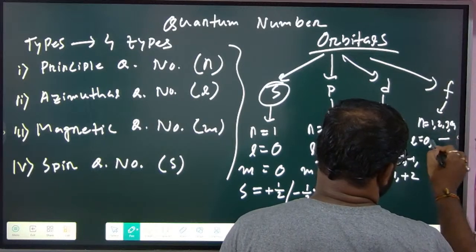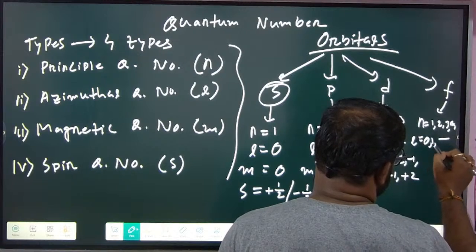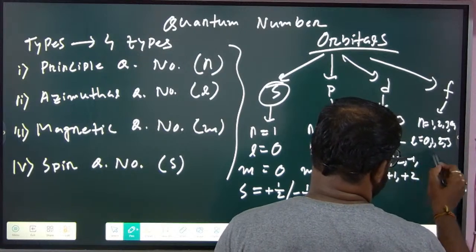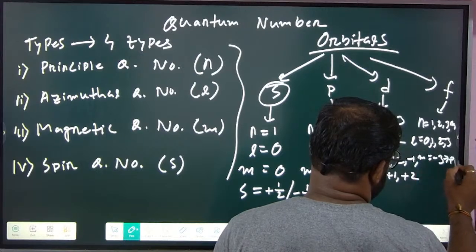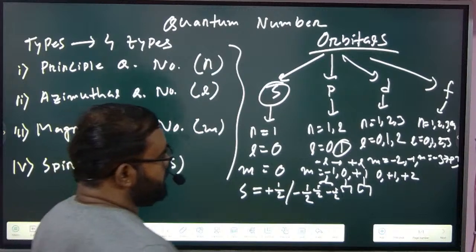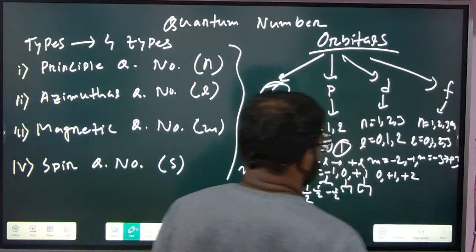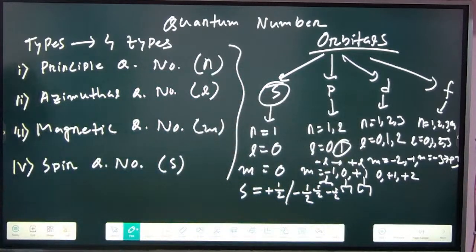And for L, we have 0, 1, 2, 3. And for M, we will have minus 3 to plus 3. So this is our orbitals and the relation between orbitals and quantum number. I hope you all understand, and if you want, you can take the screenshot.